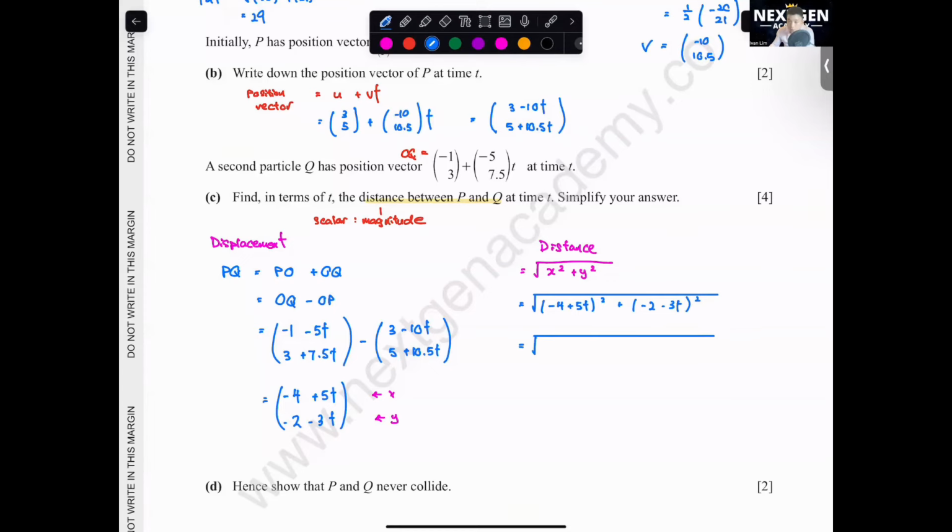Okay, open up the square. So we will get 16 minus 40t plus 25t squared plus 4 plus 12t plus 9t squared. Simplify this, I will get 35t squared minus 28t plus 20.